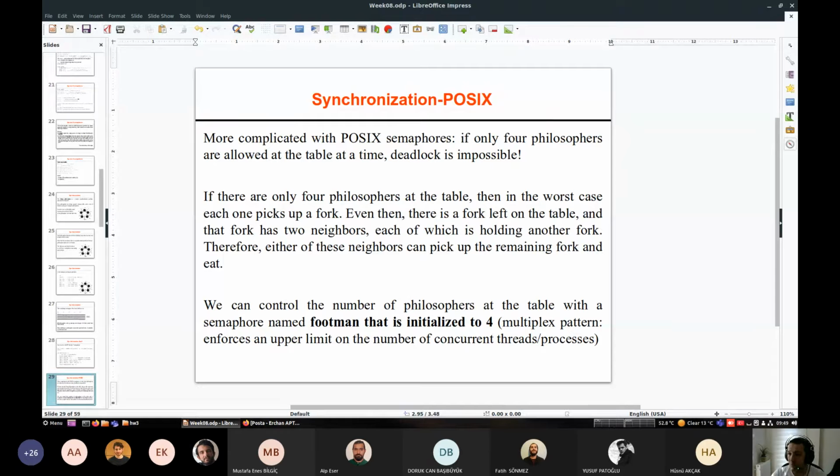So the system will not block. And after it eats, it will put down the 2 forks and somebody else will be able to continue. So if we had 4 philosophers, the system would never block. The system will never deadlock. Okay.